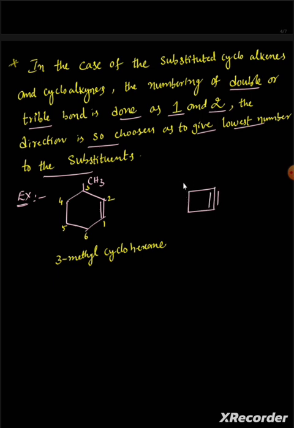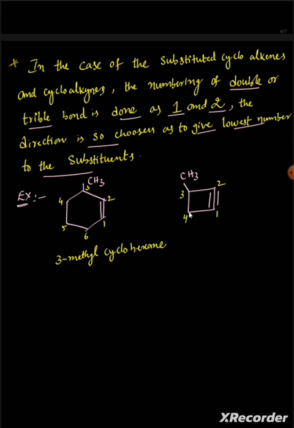Here 4-membered carbon ring, okay, having triple bond and one substituent. Okay, name of this compound, here we are giving number 1 2 3 4.